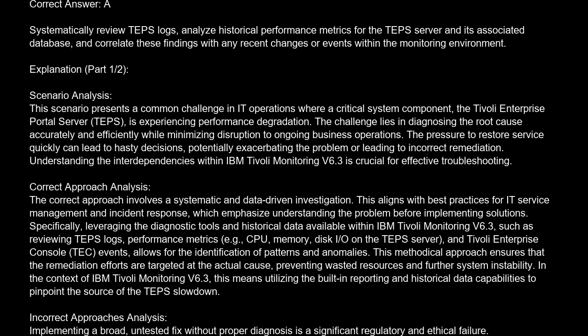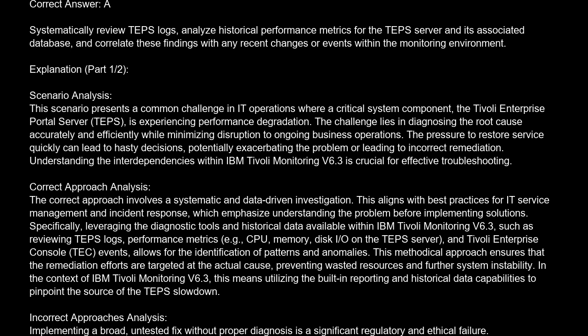Correct approach analysis. The correct approach involves a systematic and data-driven investigation. This aligns with best practices for IT service management and incident response, which emphasize understanding the problem before implementing solutions. Specifically, leveraging the diagnostic tools and historical data available within IBM Tivoli Monitoring v6.3, such as reviewing TEPS logs, performance metrics (e.g., CPU, memory, disk I/O) on the TEPS server, and Tivoli Enterprise Console tech events, allows for the identification of patterns and anomalies.